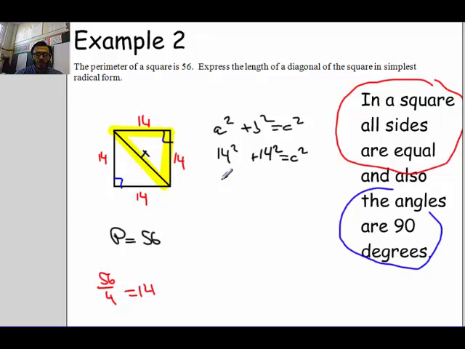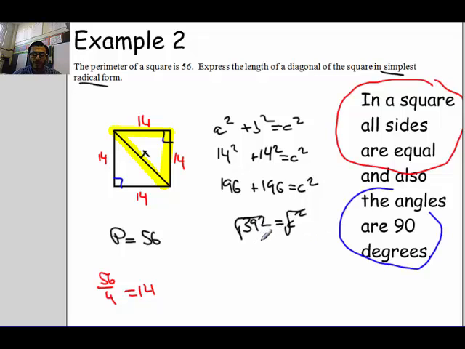And 14 squared is 196. 196 plus 196 is equal to what? That's 392. So 392 equals C squared. Square root both sides. We want our answer in simplest radical form.